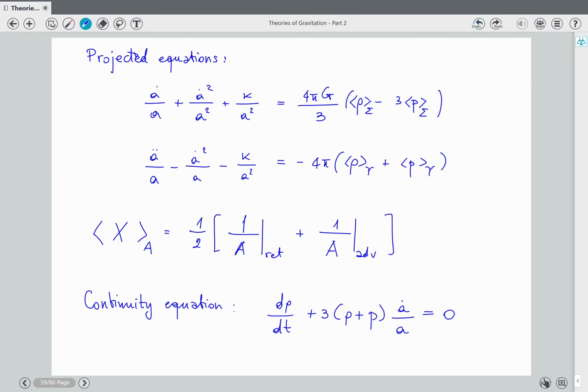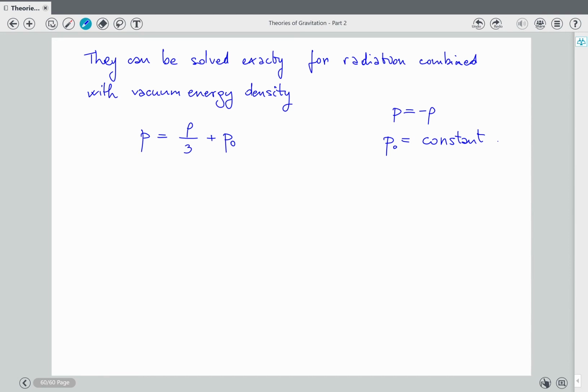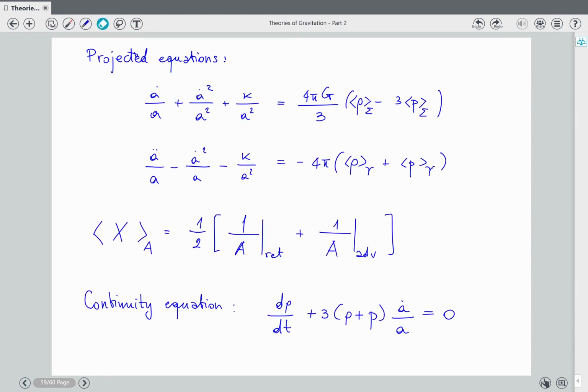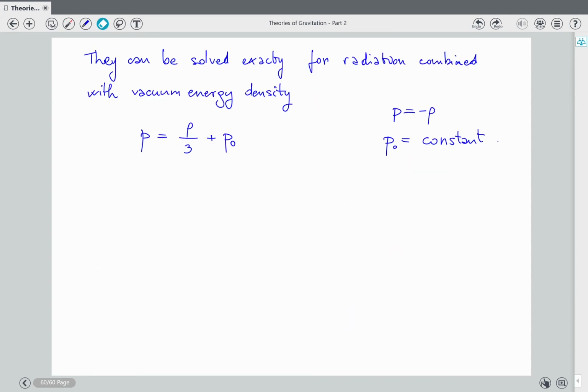The projection becomes very simple. This average becomes very simple because if you have the average of 0, that's 0. It doesn't really matter if you have retarded, advanced, whatever. So that's a case where you can solve them exactly if you want. I can write down the solution.